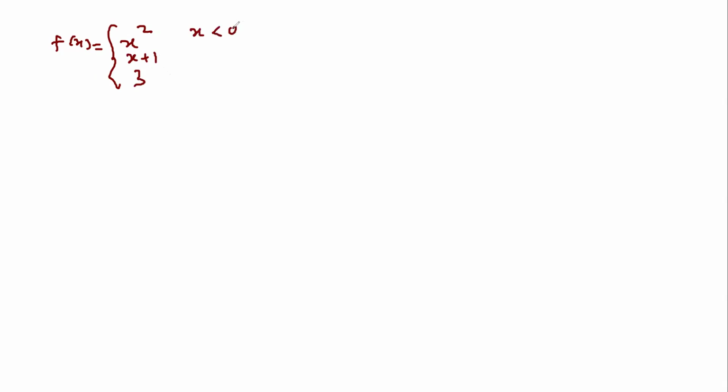But why is f(x) x square when x is less than 0? And when x goes from 0 to 2, it will be x plus 1. When x is greater than 2, it will be 3, right?